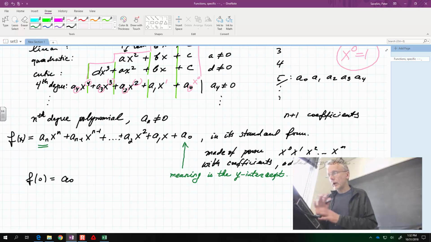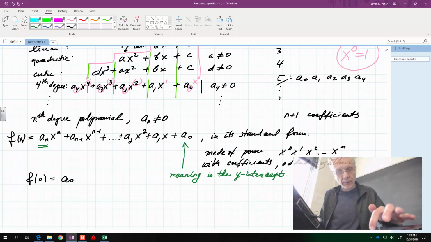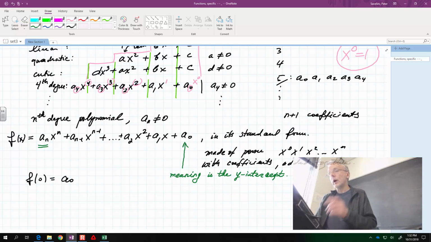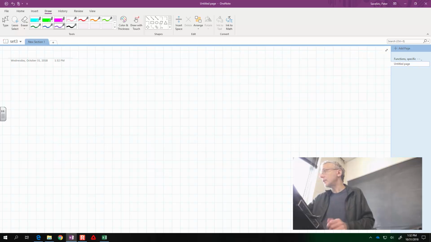Okay, so we're not going to pursue this. We're going to pursue something slightly different, and that is once again what we know, a couple of things about linear and quadratic polynomials, and we're going to use that information, those ideas, in order to provide similar ones for general polynomials. Okay, and that is factoring.